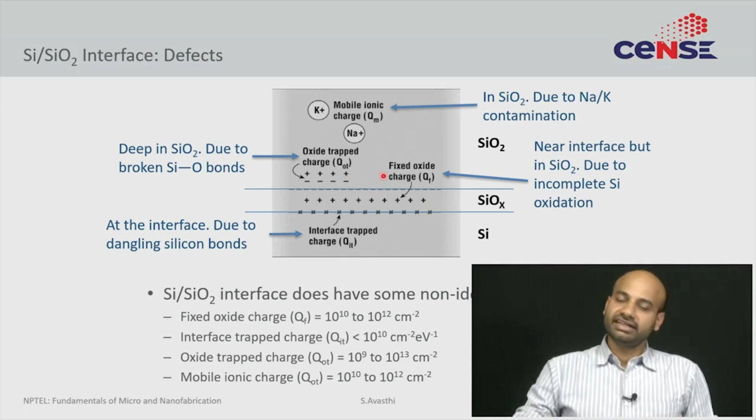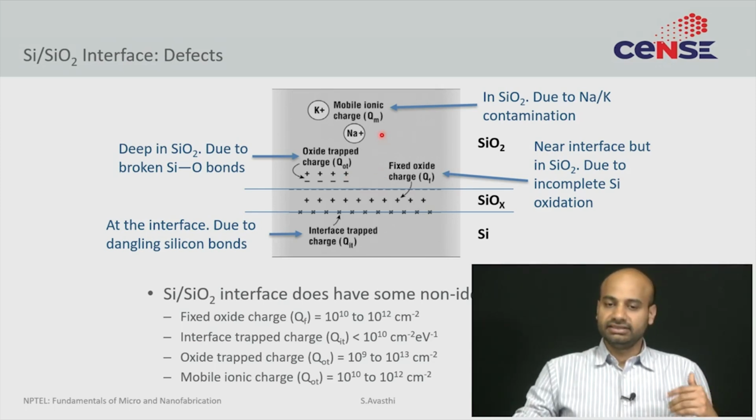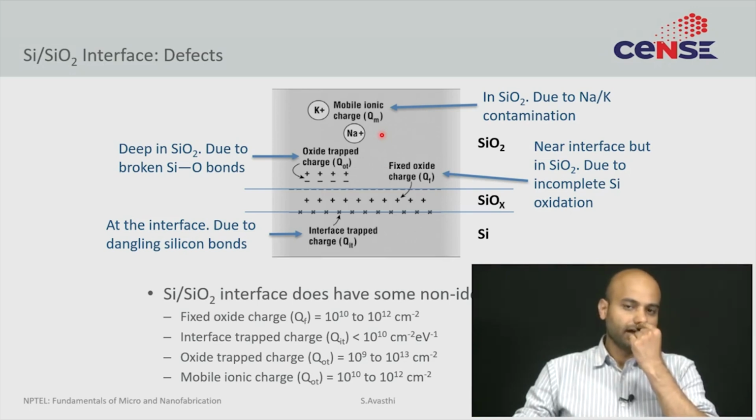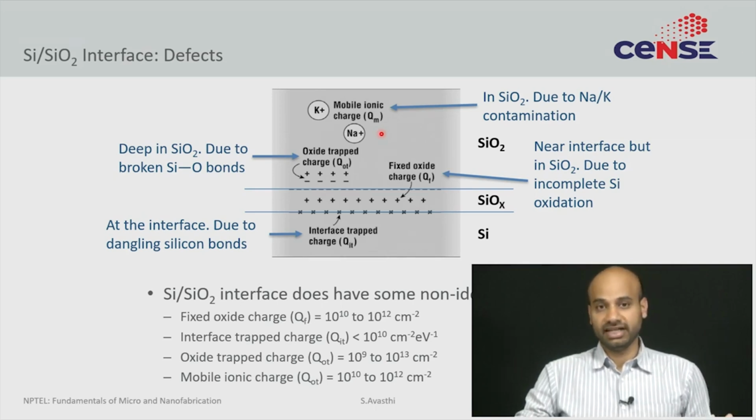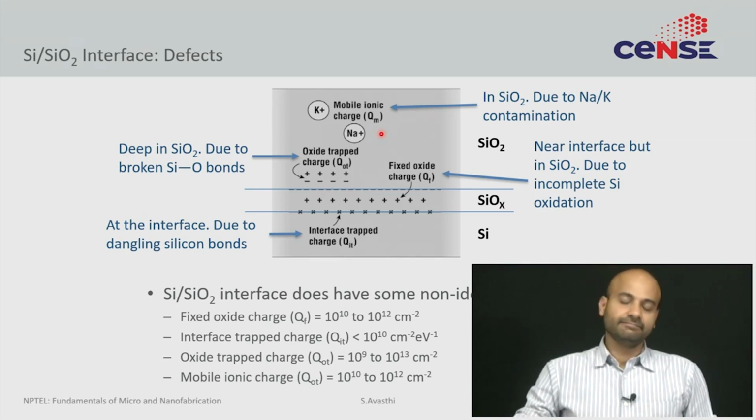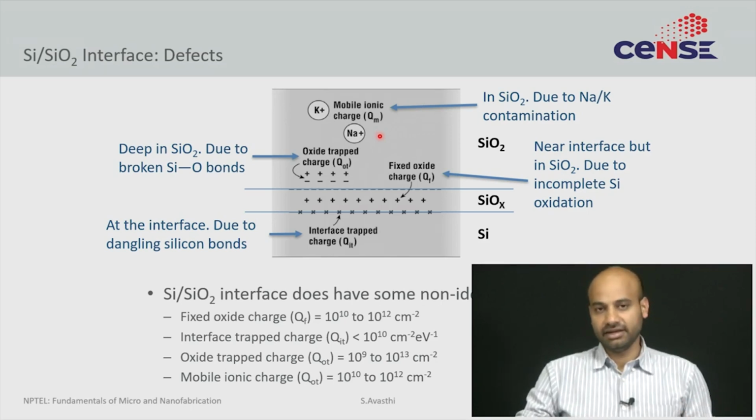Another type of defect that can exist in the bulk of the silicon dioxide is mobile ions. We try very hard, through cleaning, use of the clean room, and ultra pure chemicals, to never have sodium or potassium contamination. Practically, there is always a little bit of ionic contamination, no matter how much we try.